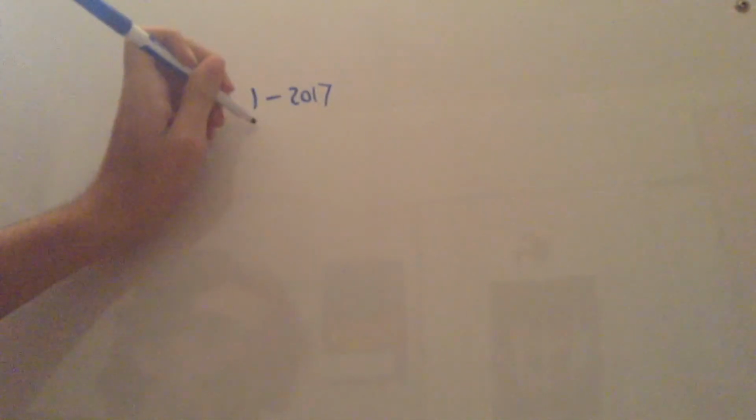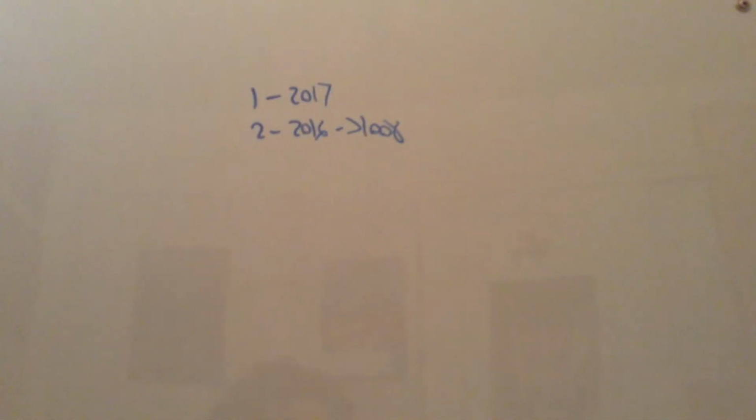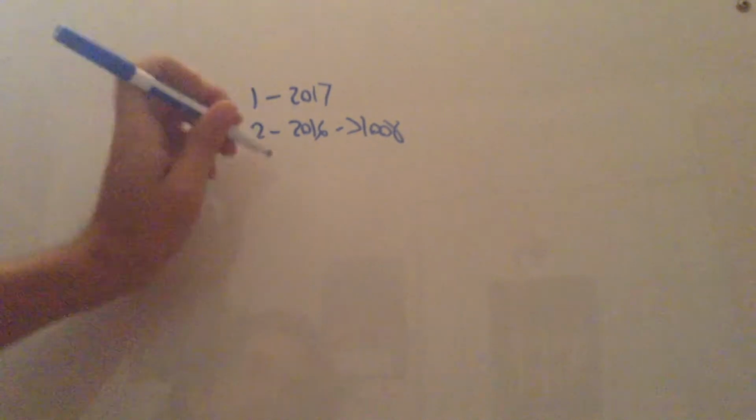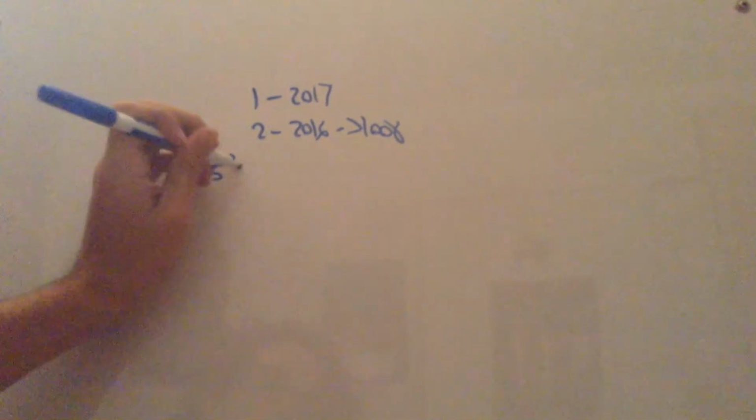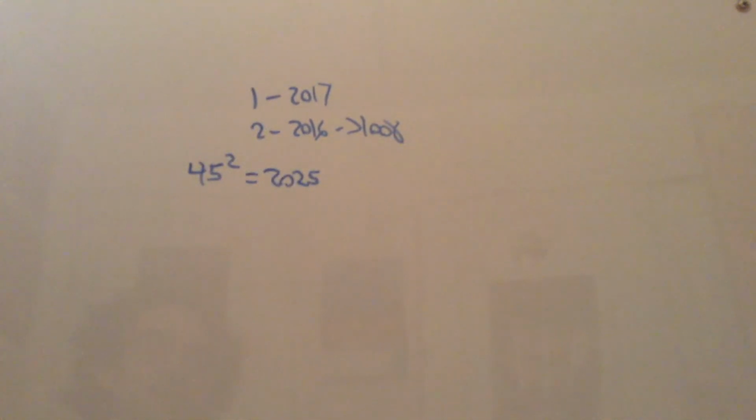We're going from 1 to 2017, which means our even integers are 2 to 2016. So there are 1,008 of those. And then for perfect squares, we have to find one that's nearby. Fortunately, if you know your things ending in 5, you know 45 squared is 2025, which is just bigger than it.